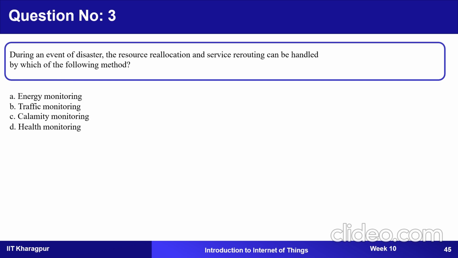Next question is: during an event of disaster, the resource reallocation and service rerouting can be handled by which of the following methods? Options are energy monitoring, traffic monitoring, calamity monitoring, health monitoring.